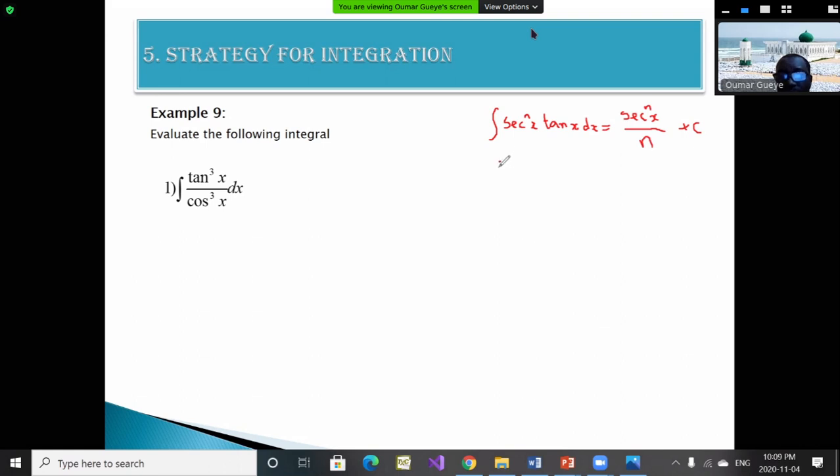And we have a second one also using tan and secant.